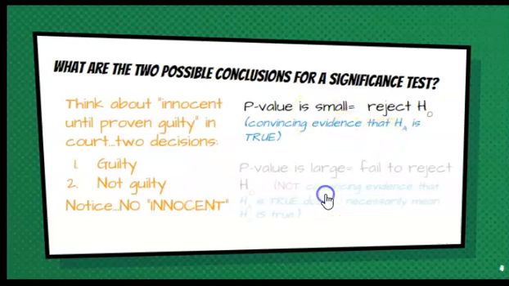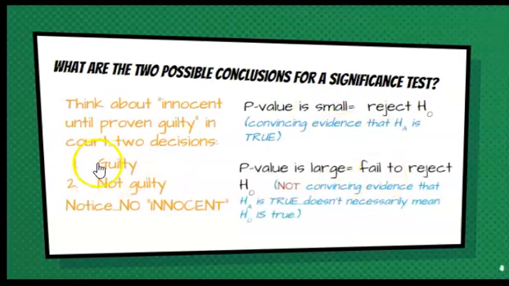Now what if it's large? If it's large, we fail to reject the null. We don't accept it, but we fail to reject it. Okay, that means we do not have convincing evidence that the alternative is true. I don't have enough evidence to show them guilty, but it looks like they may be guilty. It's not definitive. It's just I don't have enough evidence for the alternative hypothesis to be true.